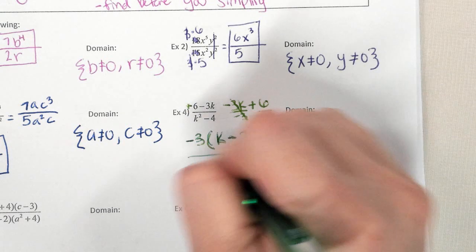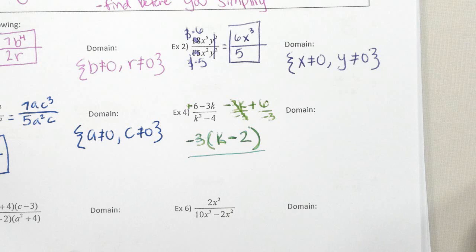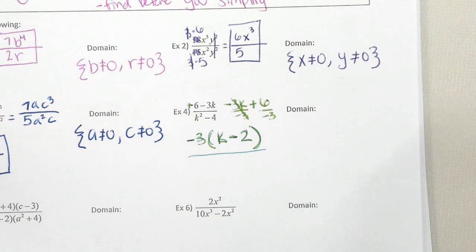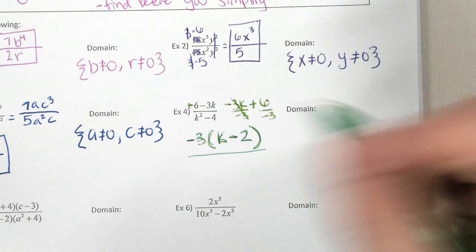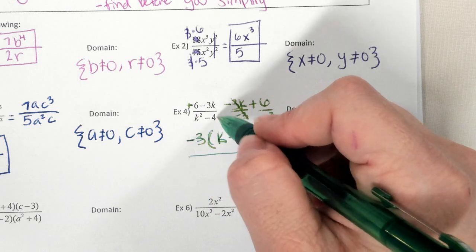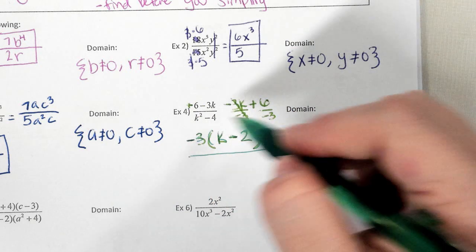Now we have to do the bottom. How can we factor that denominator? Can we factor that denominator? Yes, how? What exponent do you see? A squared. So k squared is a perfect square. Is 4 a perfect square? And is it subtraction?